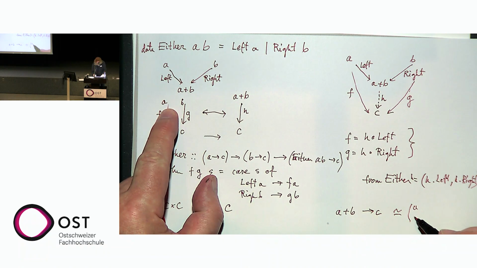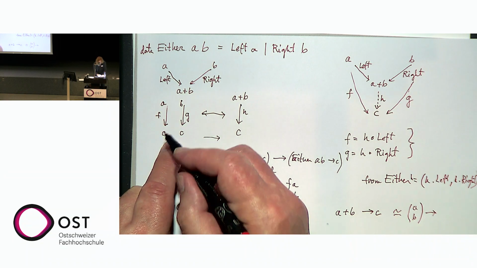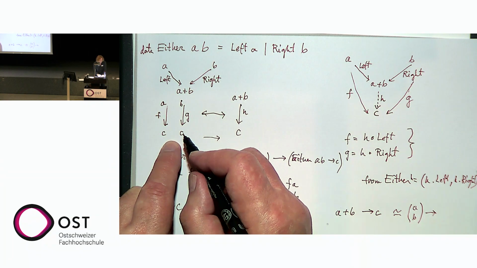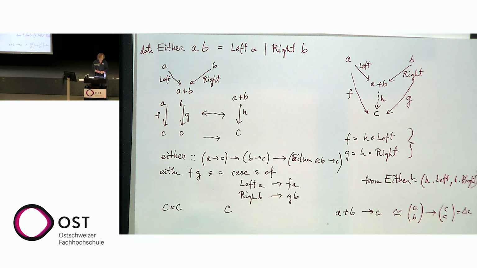A pair AB going to a pair CC in the product category, right? And of course, we know that CC is delta acting on C, right? So on this side we have a mapping out from plus, and on this side we have a mapping into delta.